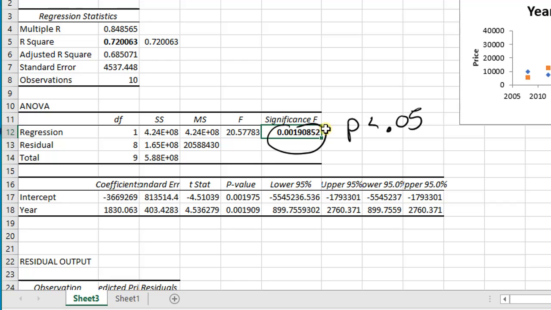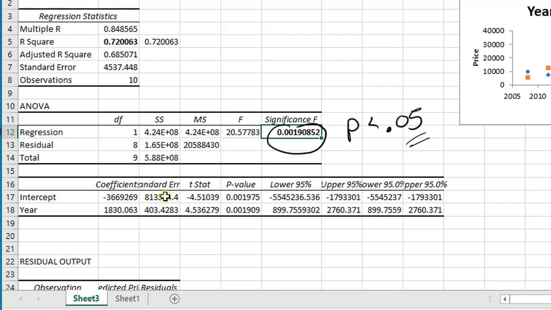You can change that 0.05; that's like alpha or type 1 error level, but 0.05 is a pretty normal standard, so we'll go with that. This is a significant regression. So once again, year did a pretty good job of explaining price.